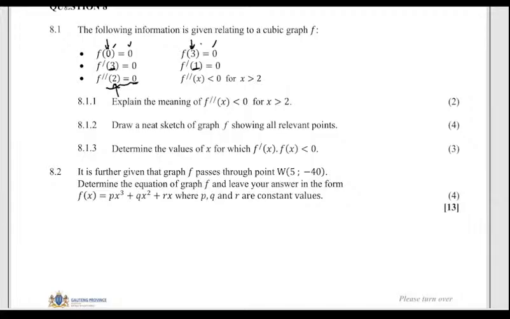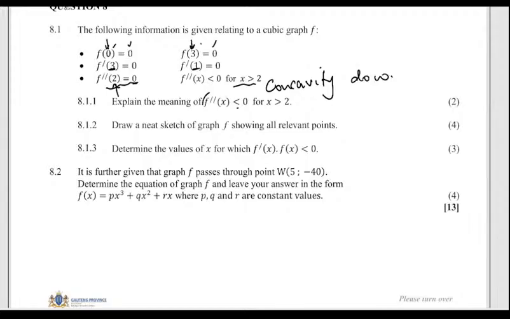And then the second derivative is less than 0 for values of x greater than 2, which means it's concave in that sort of direction. Explain the meaning of the second derivative being less than 0 for x greater than 2. So it means that we're talking about concavity, but concavity downwards, okay?